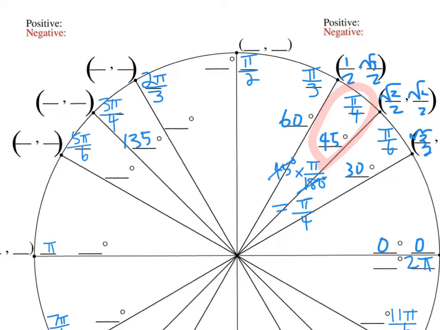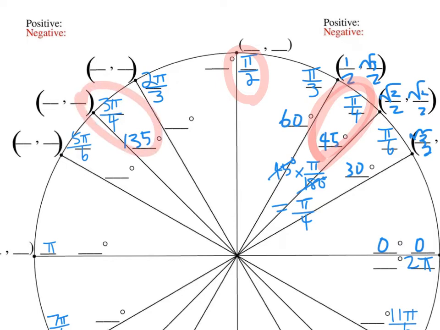Okay, so first you start with the 4s. You can see that this is, let me change this to red. This is pi over 4, so think of it as 1 pi over 4. Pi over 2 is really just 2 pi over 4, because pi over 4 plus pi over 4 is going to be 2 pi over 4, which reduces to pi over 2. And then after that, 3 pi over 4.